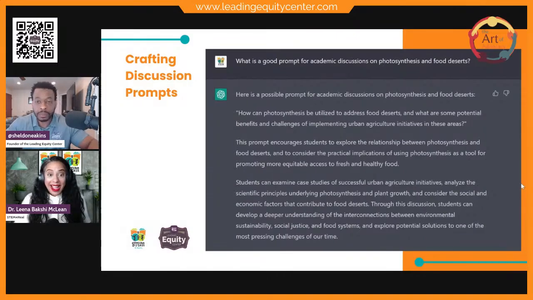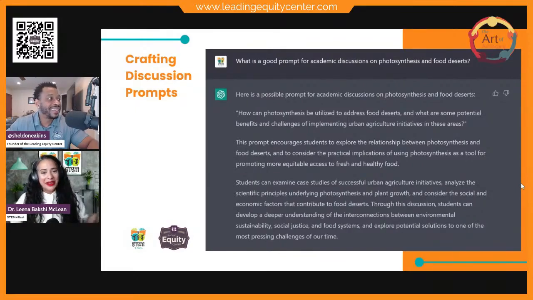No, that was all my Mr. ChatGPT robot friend that came up with the idea of talking about urban agriculture initiatives. Like, wow, what a great idea. Thank you. So not only did you get the prompt, but you also got some justification behind those prompts as well. So when your students are asking, well, why do we got to talk about this? Boom, it's right there for you.